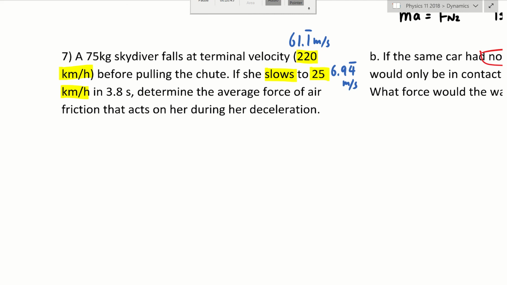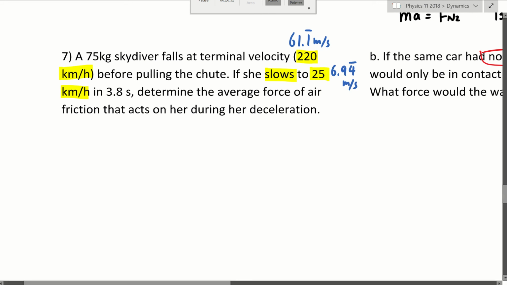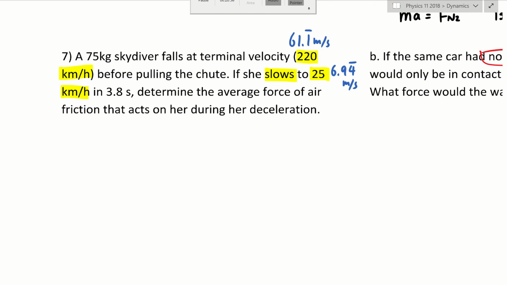Okay, now the second thing you can do is draw a free body diagram. This question is a 75 kilogram skydiver falling at terminal velocity before pulling the parachute. Once you pull the parachute, you slow down to 25 km per hour in 3.8 seconds. Determine the average force of air friction acting on her during her deceleration.